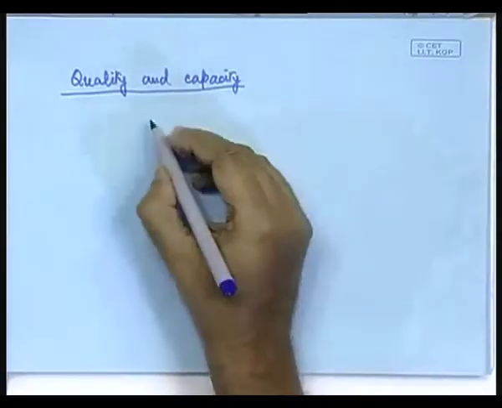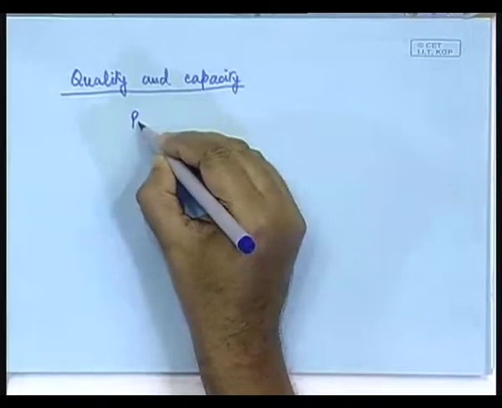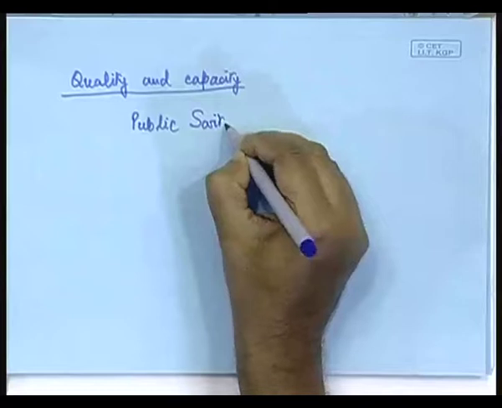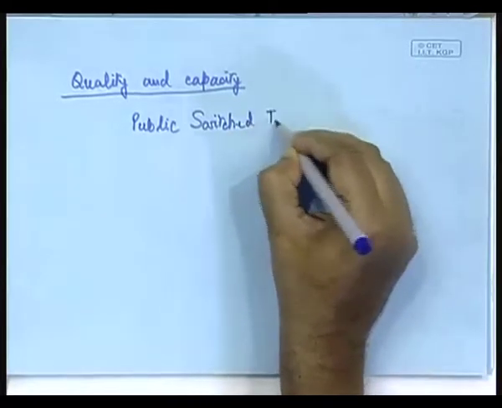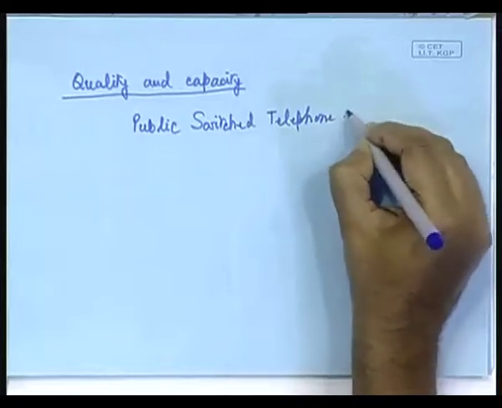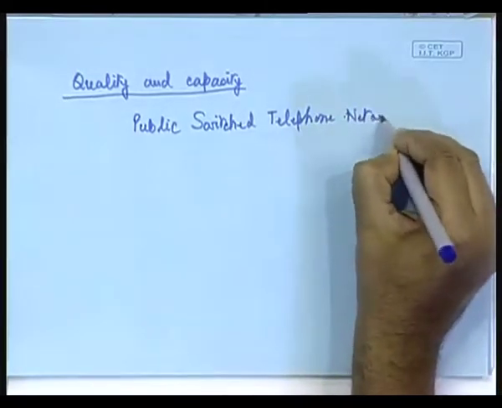Now, this trade off is very easily understood, but the point is that there should be some regulatory bodies to monitor the quality, especially whenever you are working in the public domain, like the public switched telephone networks, which in short form we all call the PSTN.